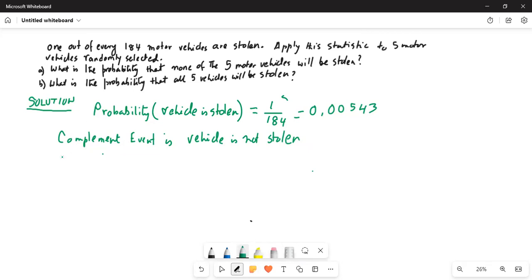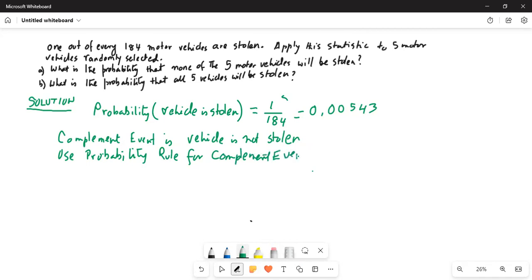So use the probability rule for complement events. Remember, complement is opposite.